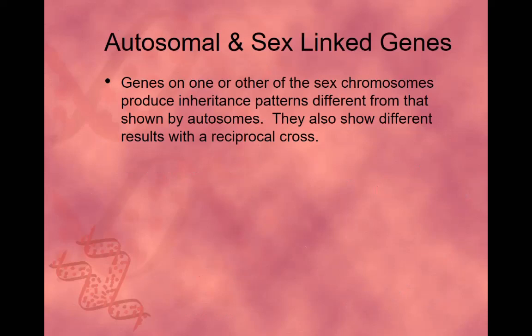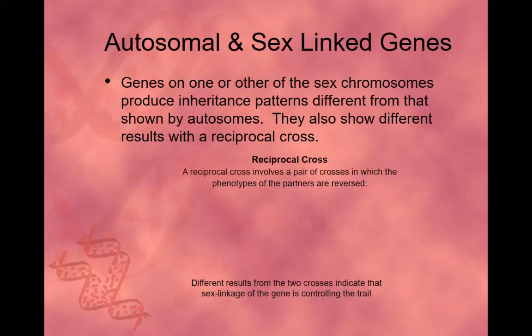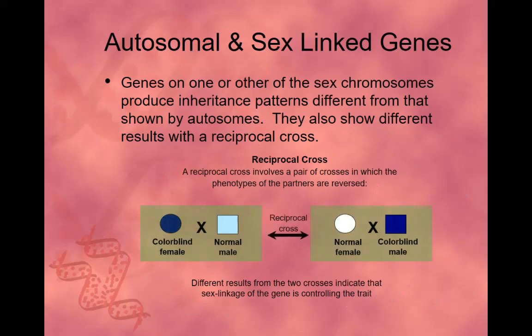So what's a reciprocal cross? A reciprocal cross means that you are doing the same breeding combination, but you traded the genders, whether it's the male or the female that has the trait. Okay. So a reciprocal cross would mean having a colorblind female crossed with a normal male, and likewise having a normal female crossed with a colorblind male.